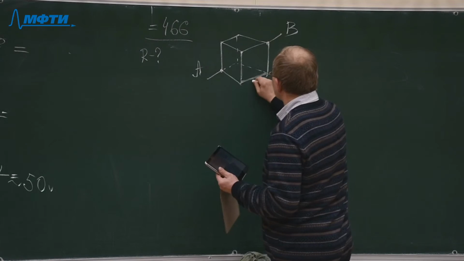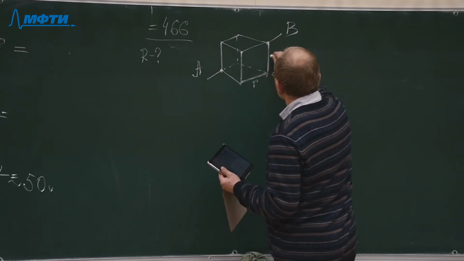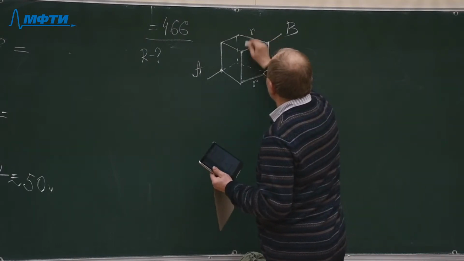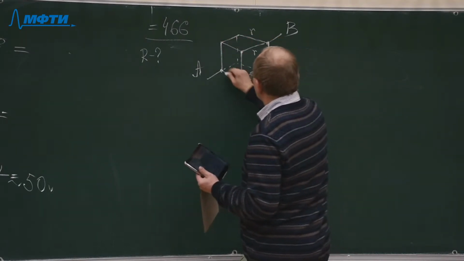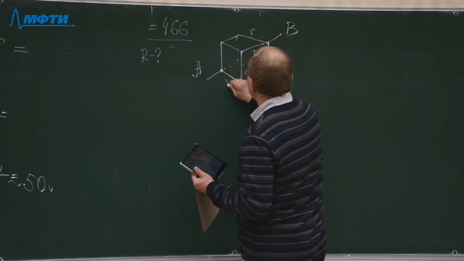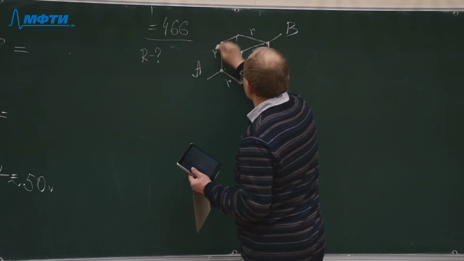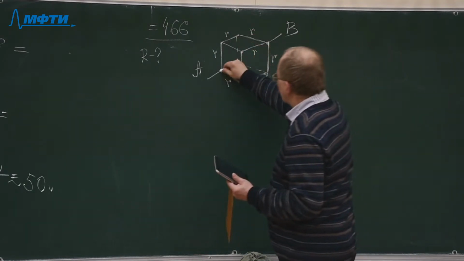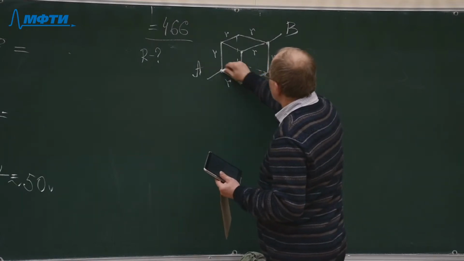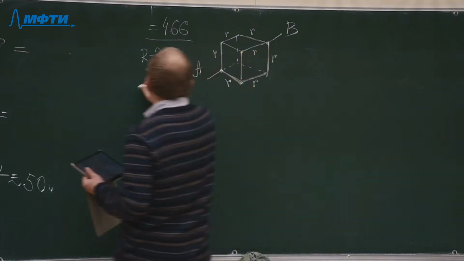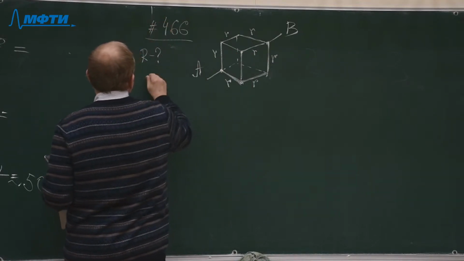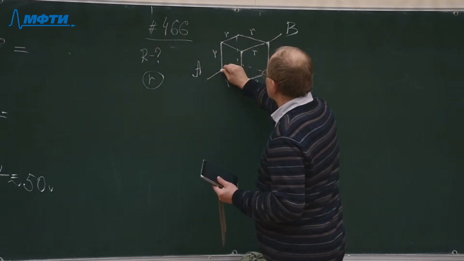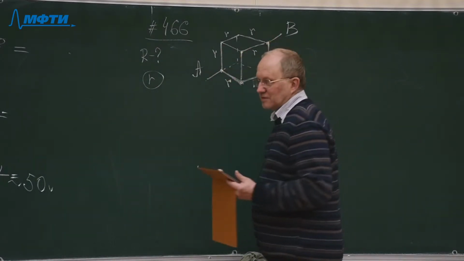So this wire section has a resistance of R, and this is also the same, and this is the same, and etc. Every edge of the cube has resistance R small, which is given here. So we need to find the resistance of this cube if we measure the resistance between points A and B.